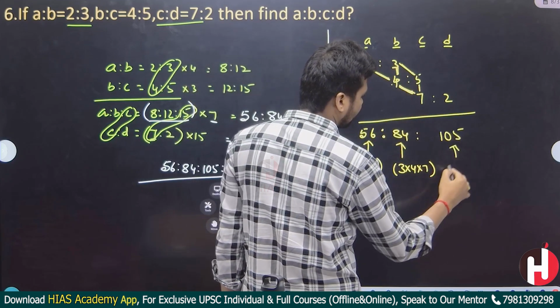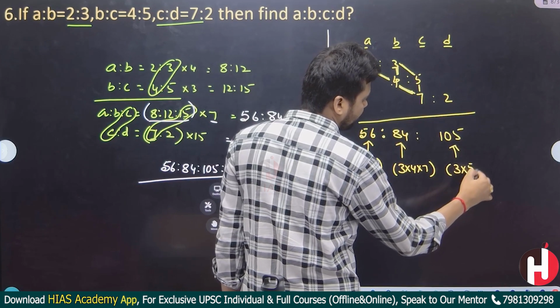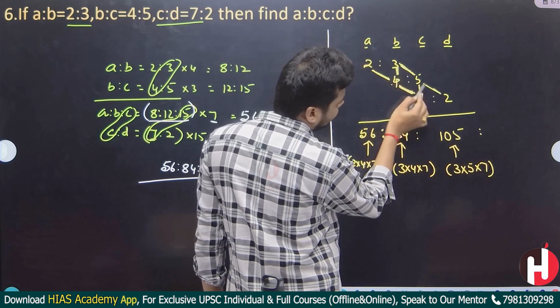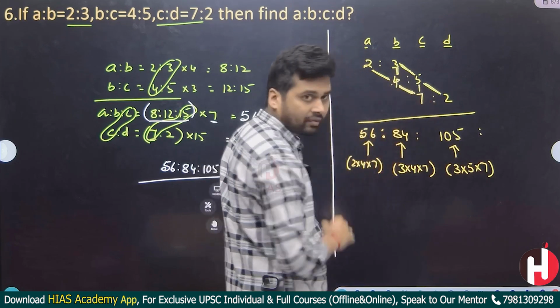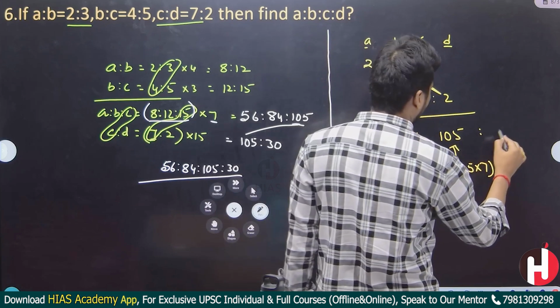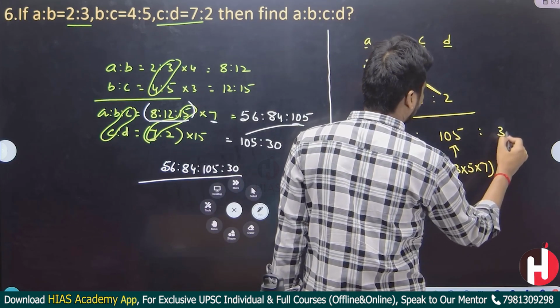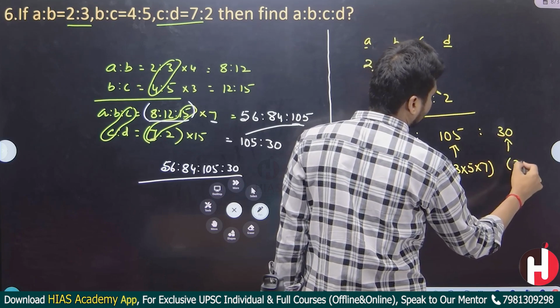So here I am writing that. The final term is nothing but the product of all the final terms: 3 into 5 into 2. 15, 15 2s are 30.